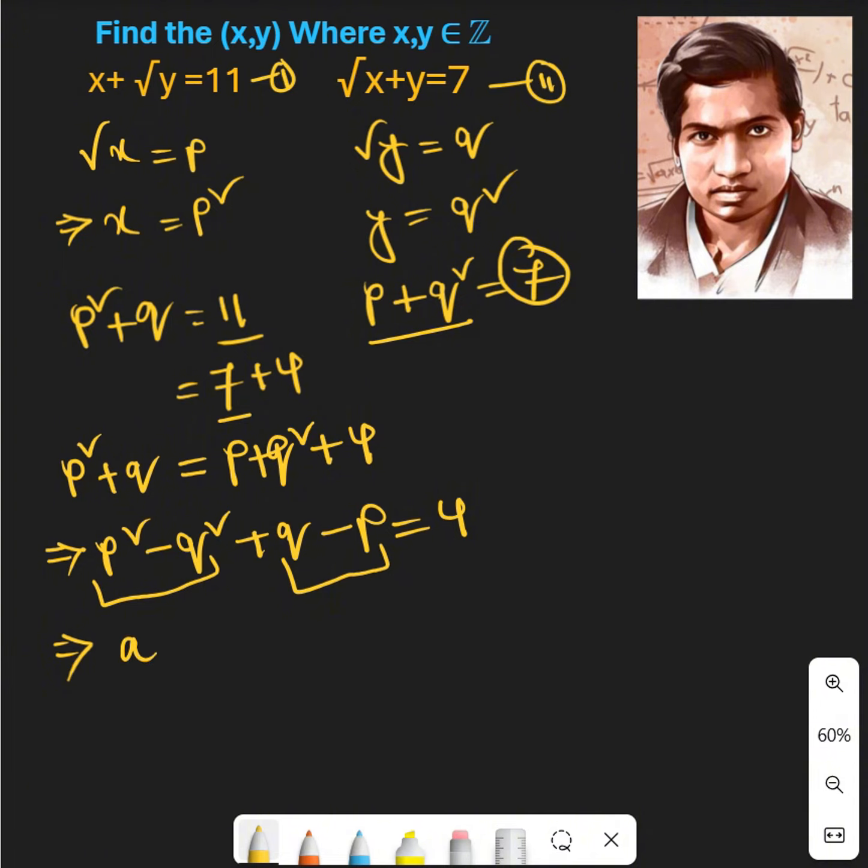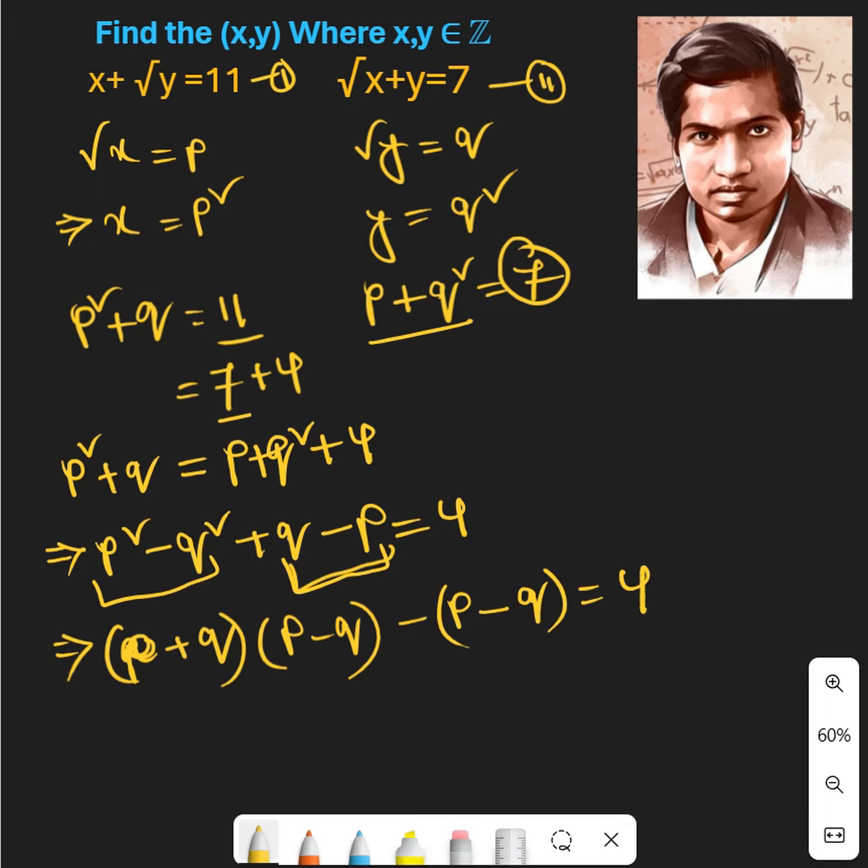So instead of a, this should be p, and b is q, then (p plus q) times (p minus q), and of course we have to rearrange these things. So indeed we could write here p minus q equals to 4. It means we could go back to the previous q minus p. From here to here it is possible, so we just rearrange here, right?